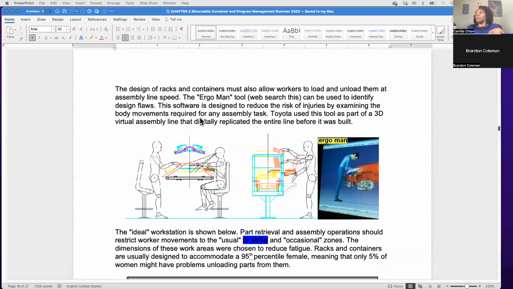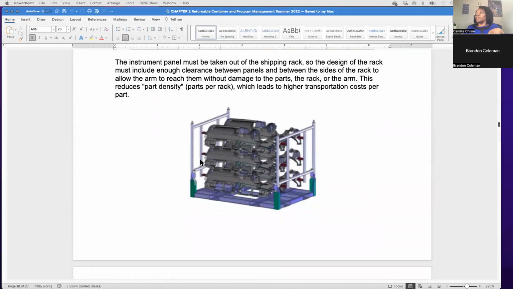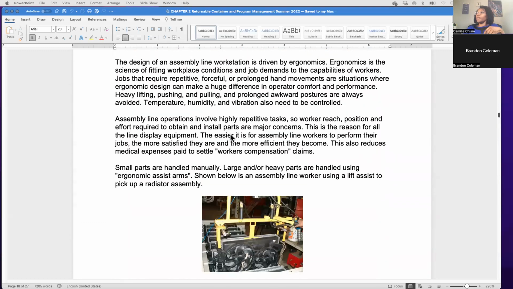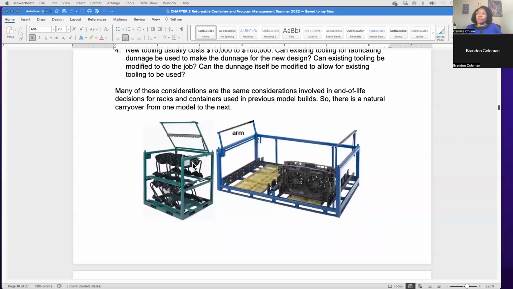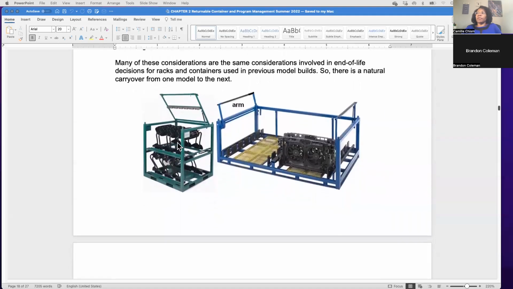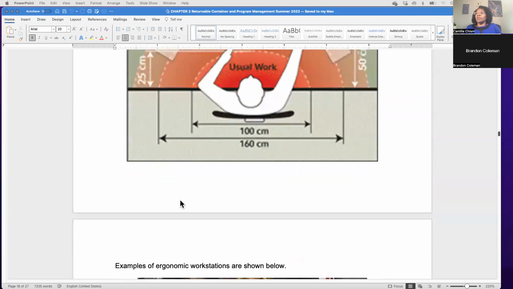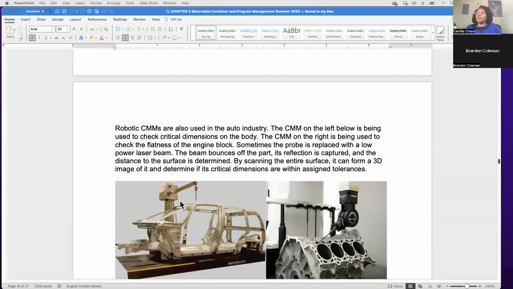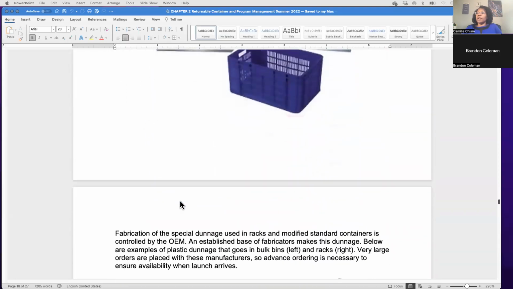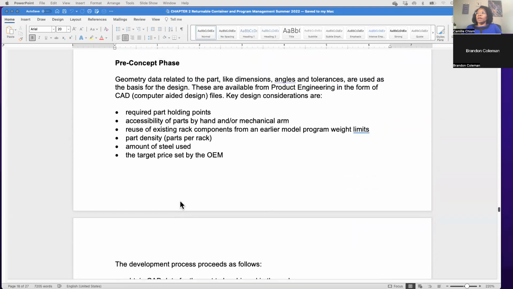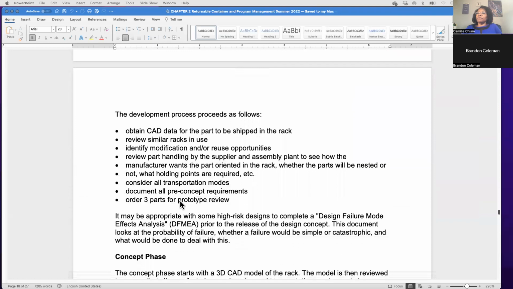Let's say that the operators are used to seeing racks like this for most things, but then you bring in racks that have arms, that could slow down production, because unless they have training and get used to it, they may not know how to open this and they may damage some parts in the process. So you want to avoid introducing extremely new things into that process. You want to try to keep things as similar as you can for them.